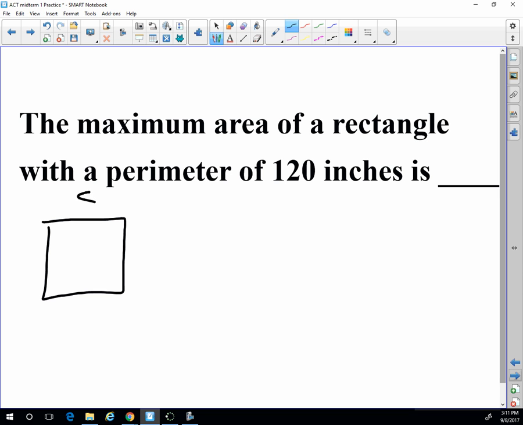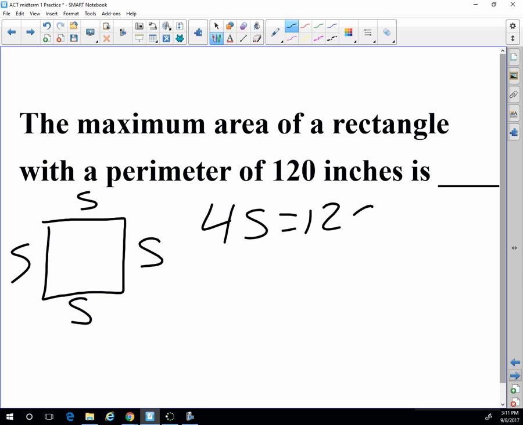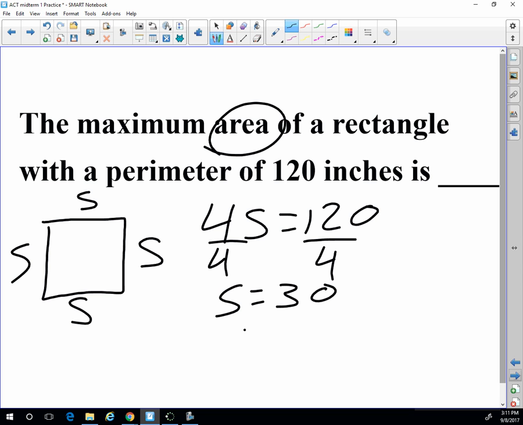So we know that these sides will be the same, and if I go all the way around, 4s equals 120. We divide by 4, and so s equals 30. And s times s is the area, so 30 squared, which is 900.